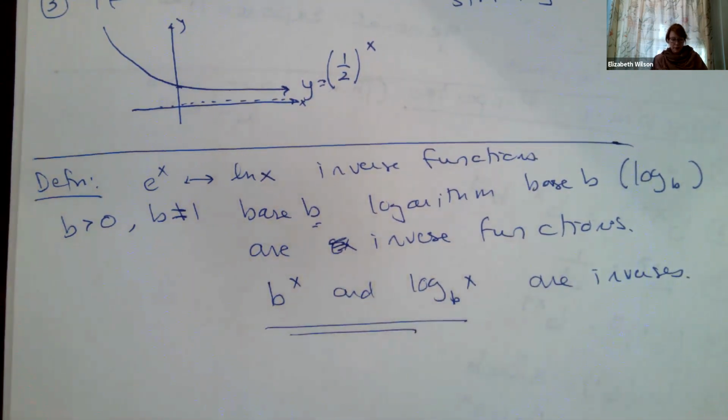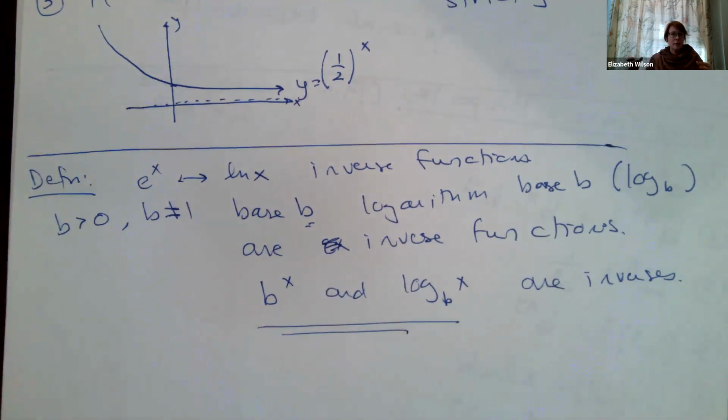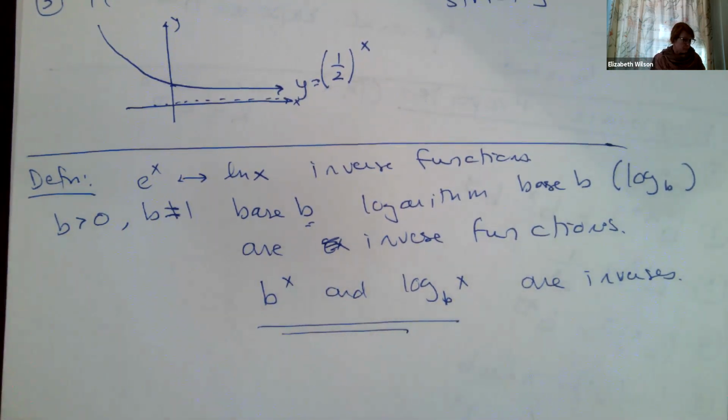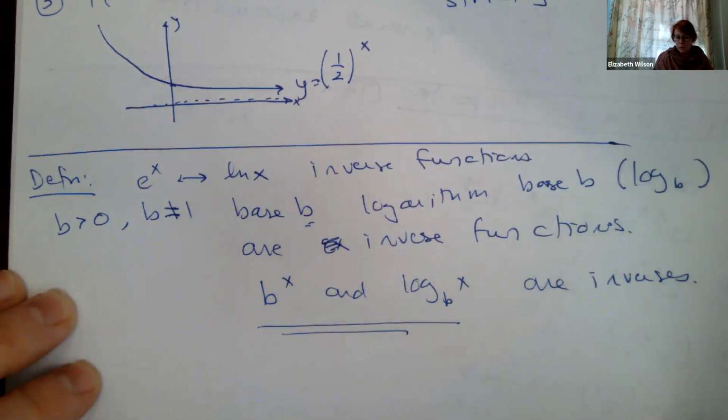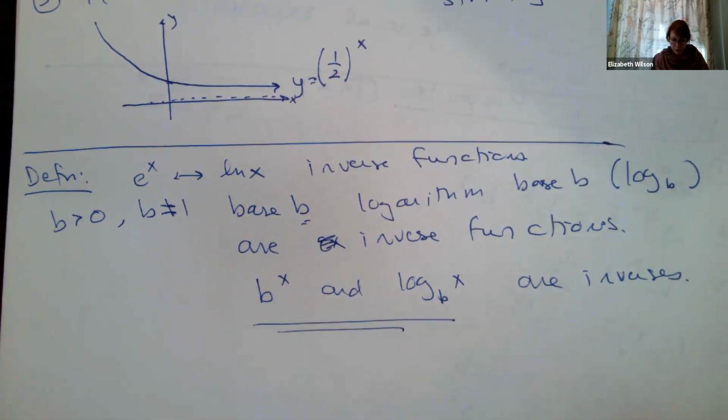Okay, so all I've done is say we've been using it with base e, our natural log and our exponential with base e. And now we're just going to say this applies to all exponential functions. Then we're going to apply that to, maybe you remember, the change of base formula. We're going to use the change of base formula to help us come up with derivatives with any kind of base.